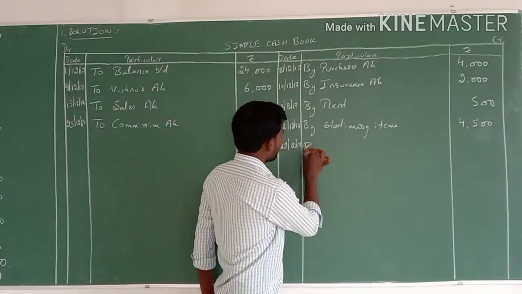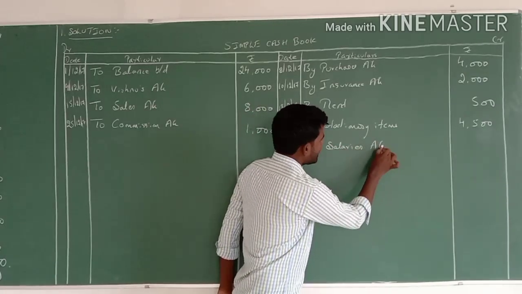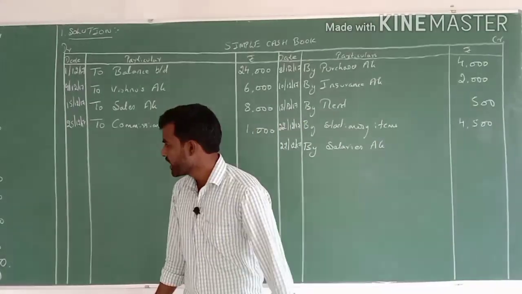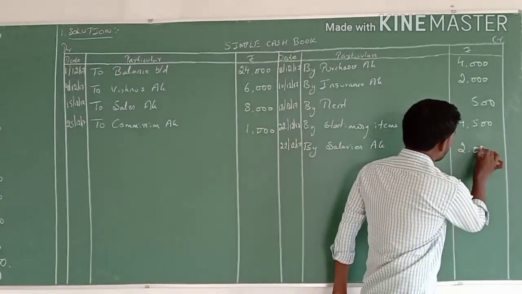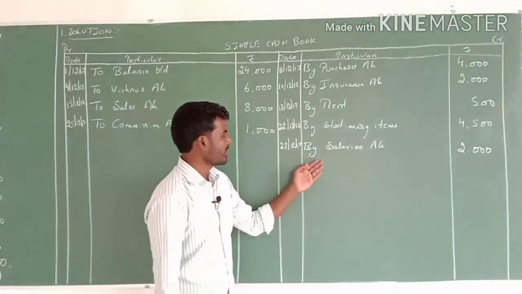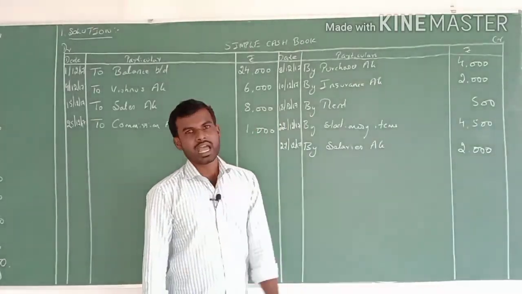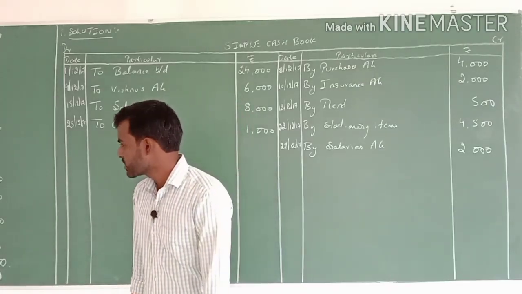So by salaries account. How much is the amount we have paid there? 2,000. 2,000 is the salary paid. When we pay the salaries, automatically our cash balance decreases.